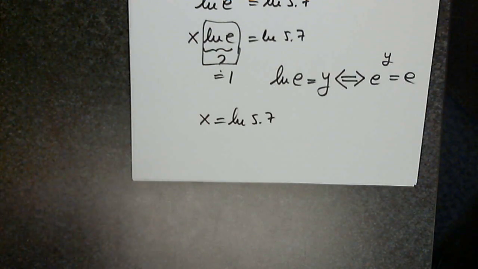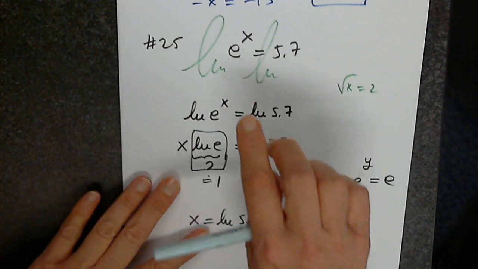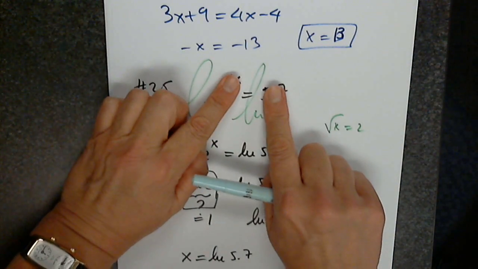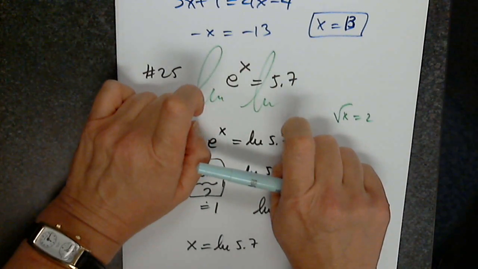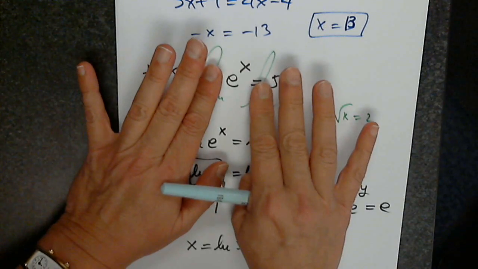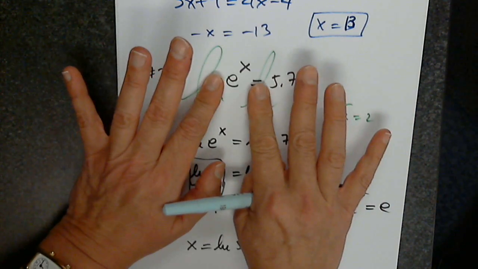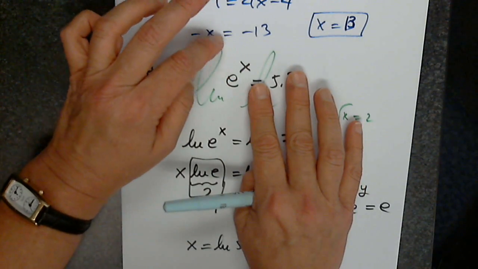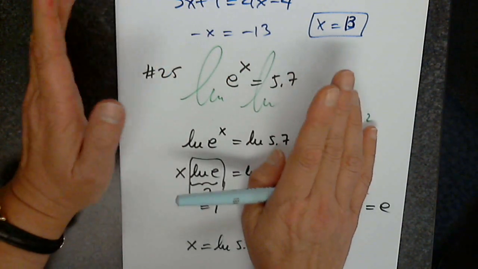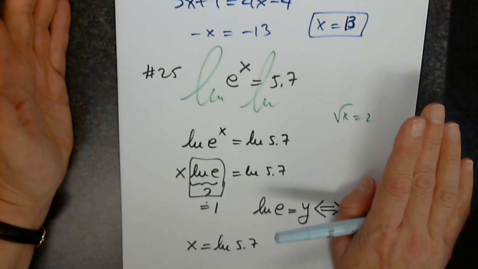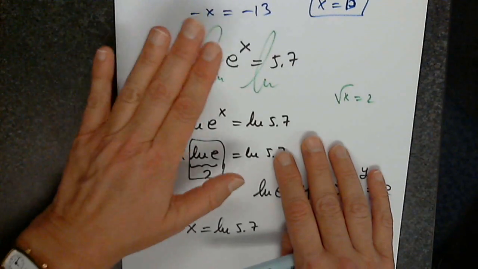Can you say that one more time? Yes. I am given the equation e to the x equals 5.7. I don't know how to solve this directly, but I know that there is a mechanism that I apply to both sides that allows me to bring x in front. And like here, I'm applying the inverse function. So I apply natural log to this.